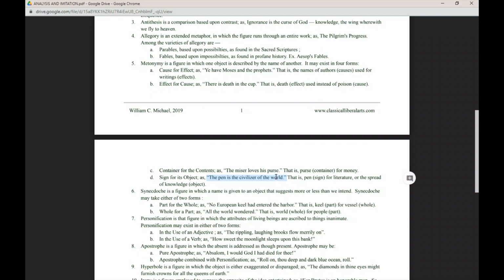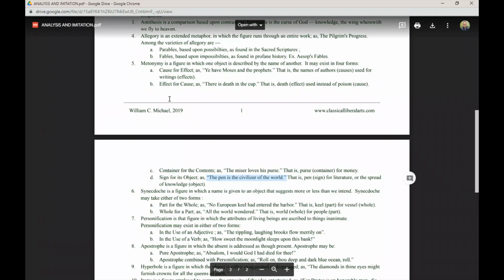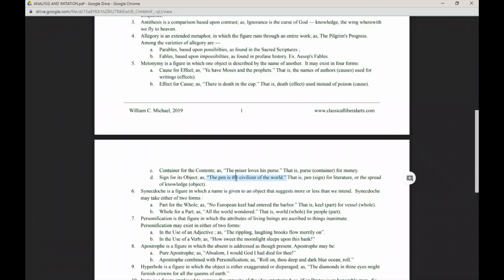It's what a pen signifies. The pen signifies persuasive writing or communication. It's that persuasive communication which civilizes the world, but it can be signified by referring to the pen, which is a sign of the object. This is another kind of metonymy. So this is another type of figure of speech students should be looking for.